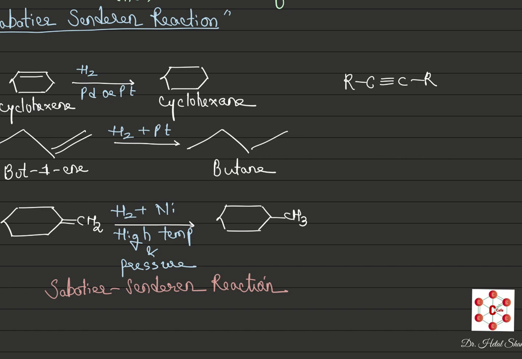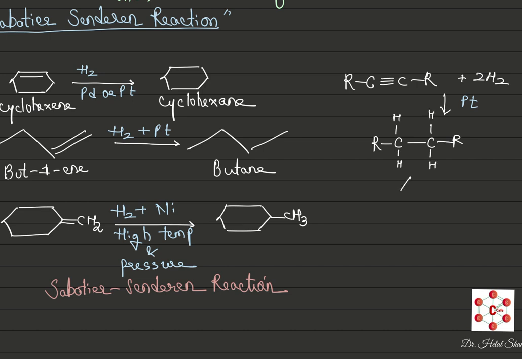So here you would need two H2s, not one, and you can use a catalyst like Pt or anything, and it would give you R, C, single bond C, R. Now the rest of the valencies are fulfilled by hydrogens.